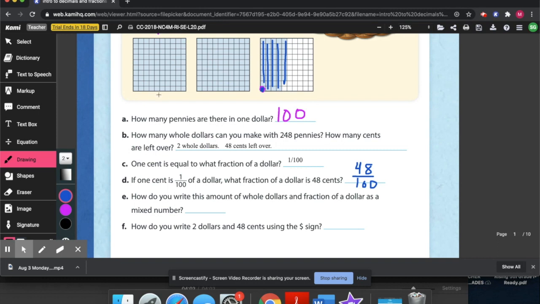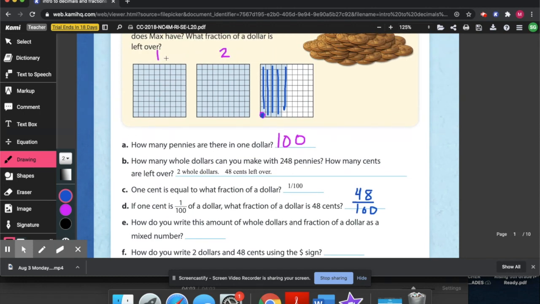So we're looking back at our model, and up above, I put 1 and 2, because remember, at the very beginning, I said, I have 2 whole dollars so far. So I'm going to go ahead and just write a 2, because that's my 2 wholes. So 2 whole dollars, and I already know my leftovers, because it's 48 cents, and in D, we already wrote what 48 cents looks like within a dollar as a fraction.